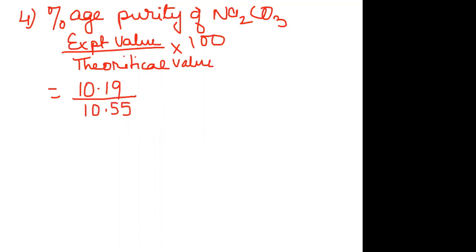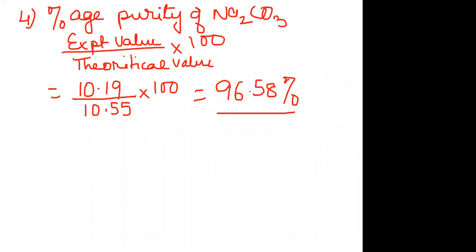When I multiply this by 100, the percentage purity obtained is 96.58 percent. That means the impure sample that has been provided to us is actually containing 96.58 percent purity. Now this is how we find out the percentage purity of sodium carbonate, and we have calculated that by using the titration process.